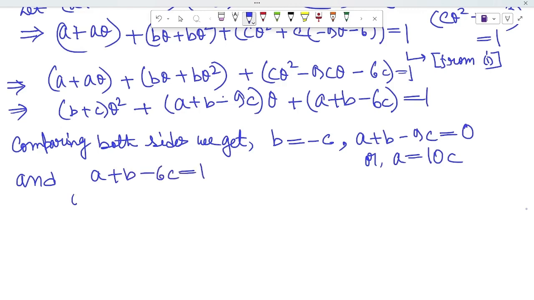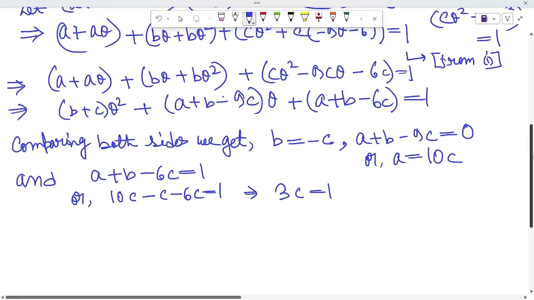So put the value of a and b here. A means 10c, b means minus c. It's 3c equal to 1.